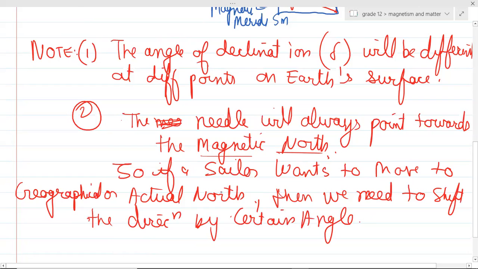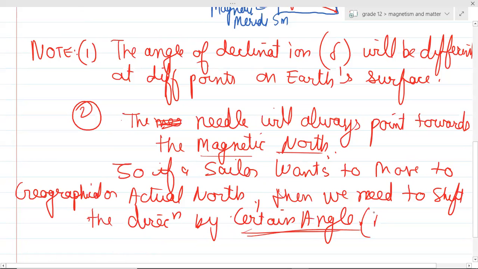If I keep on moving in that direction, then can you see at different points this angle will be different. So if I don't consider this angle, I'll reach the magnetic north. I'll not be able to reach the geographical north, right? So we need to shift the direction by a certain angle.